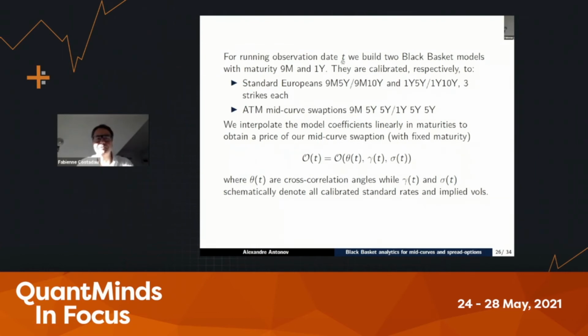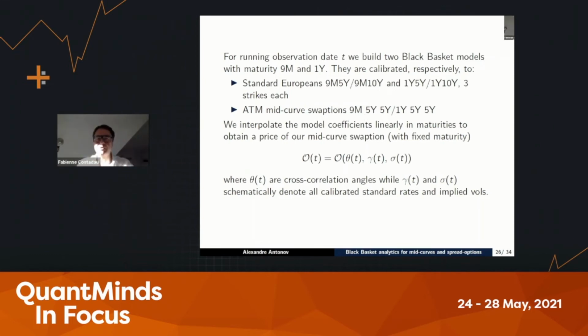So for running observation date T, we build 2 Black basket models with maturity 9 months and 1 year, just in between our movement. They are calibrated to standard European options with the enveloping maturities, and at the money mid-curve options again with the enveloping maturities.